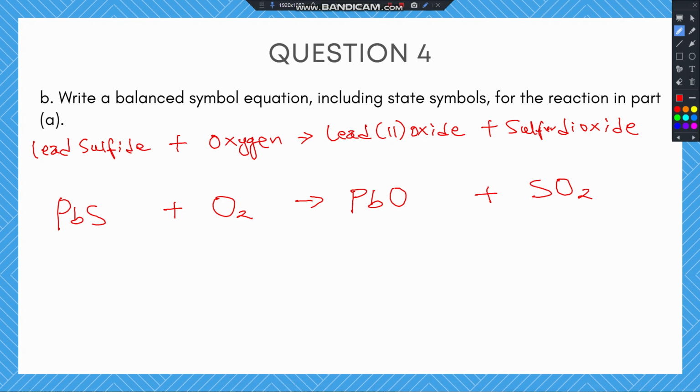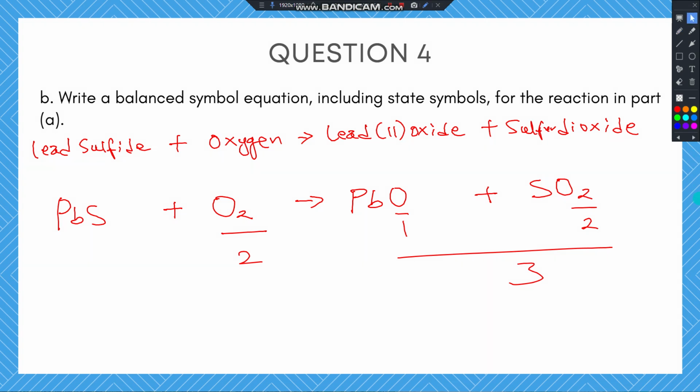For oxygen, however, we have two atoms on the left, and on the right we have one atom over here and two atoms over here. So we would need to balance oxygen. Altogether we have three on the right, and over here we have two atoms of oxygen.